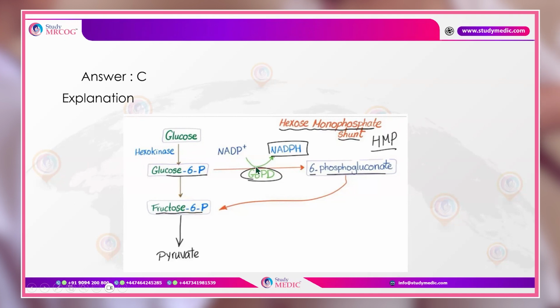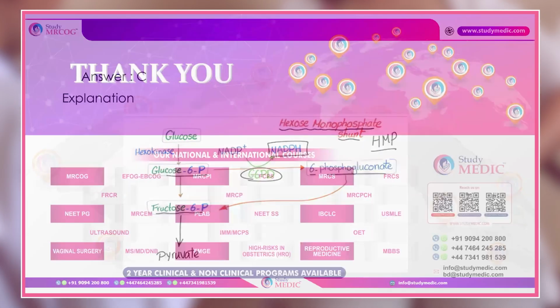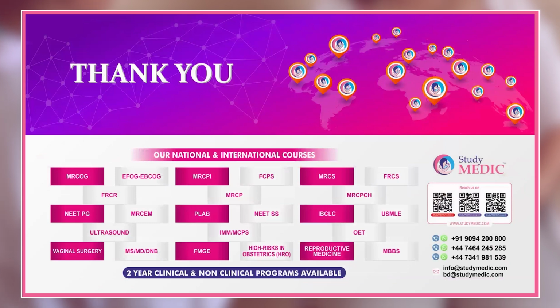So you have to remember this. With deficiency of G6PD, the person can present with a hemolytic picture. Anything which causes the production of free radicals will trigger it in G6PD deficiency, such as some antimalarial drugs.